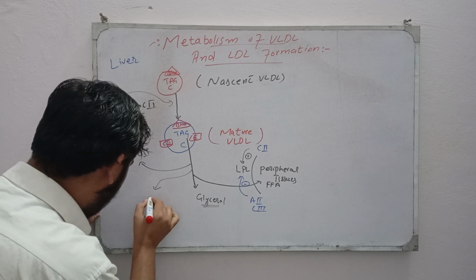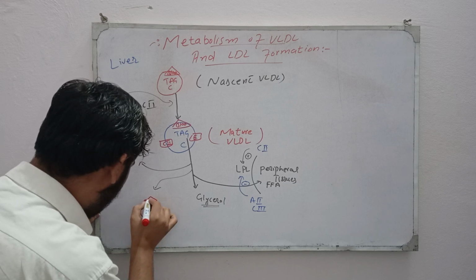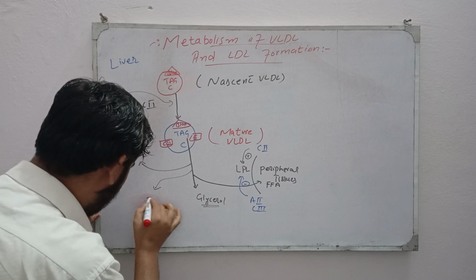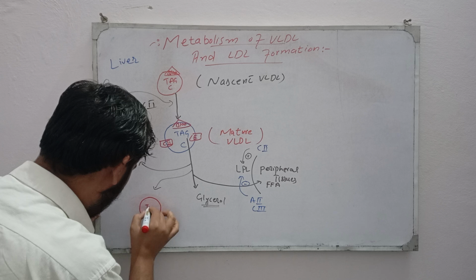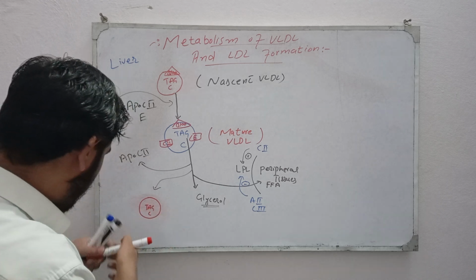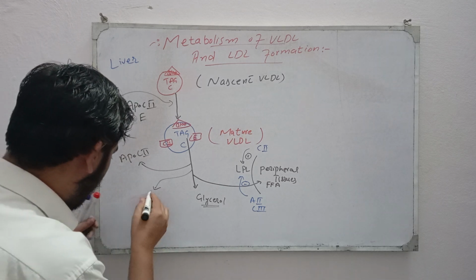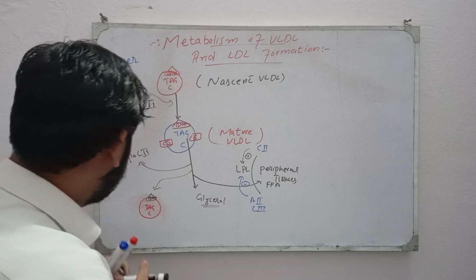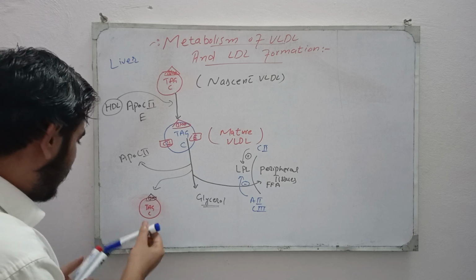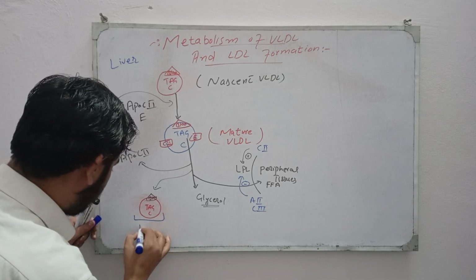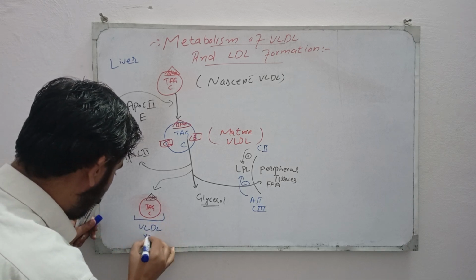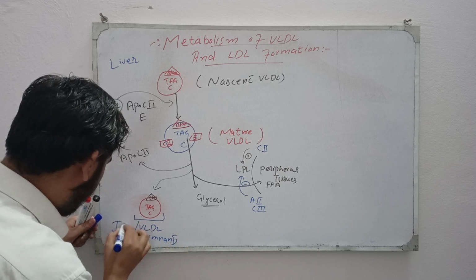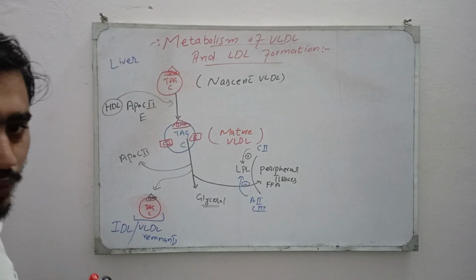It contains triacylglycerol, cholesterol, and ApoB100 protein. Okay, students, this is the VLDL remnant. It is also called IDL, intermediate density lipoprotein.